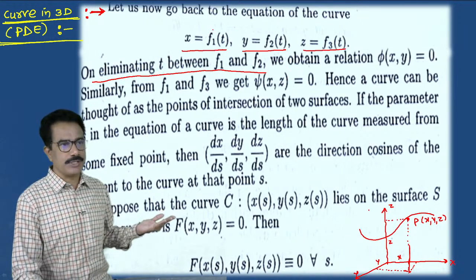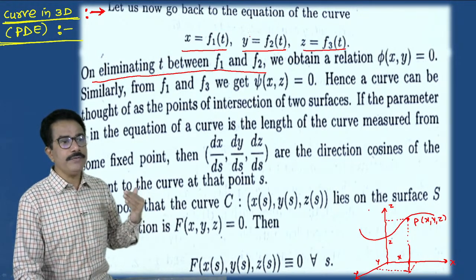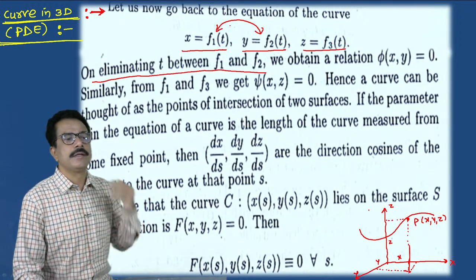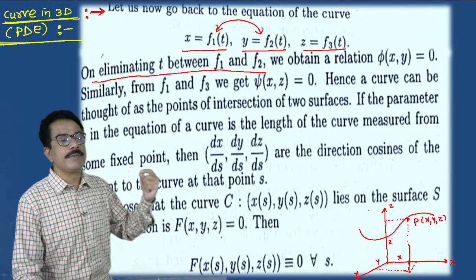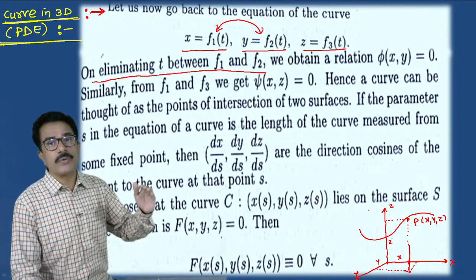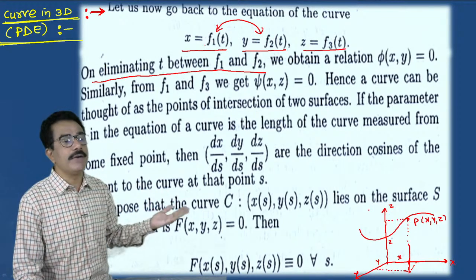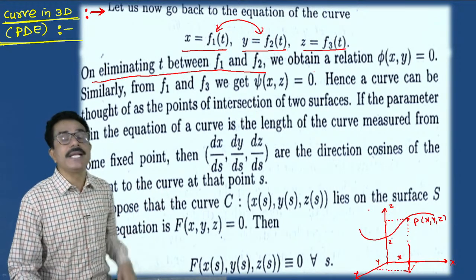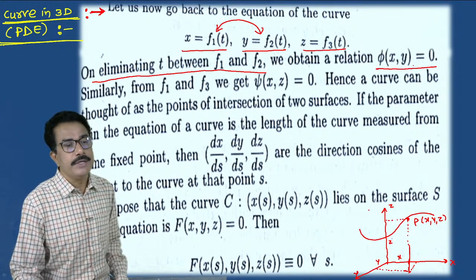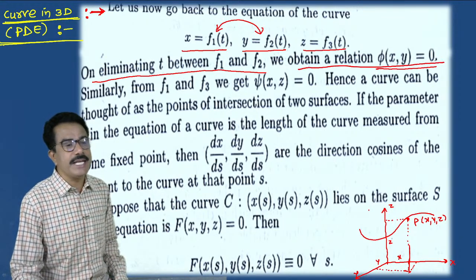Since f1 and f2 are functions of t, if we eliminate t, we will get another function phi in terms of x and y.